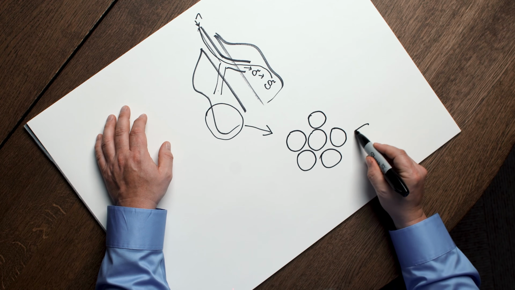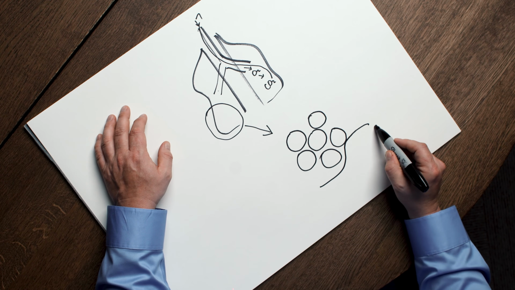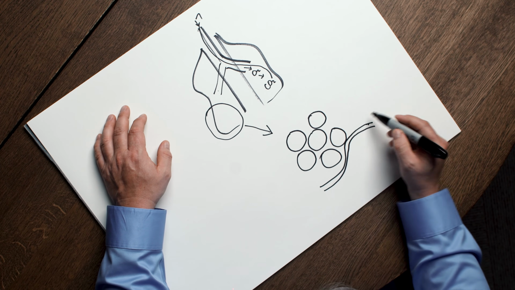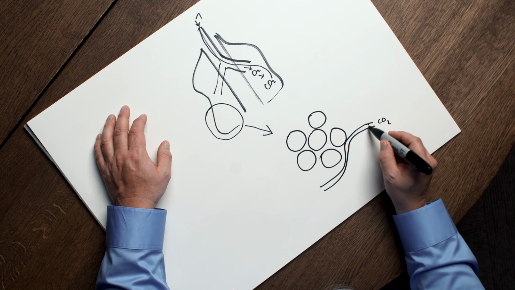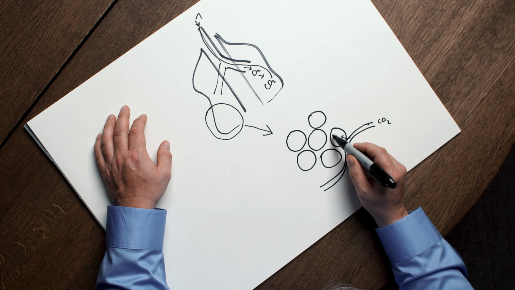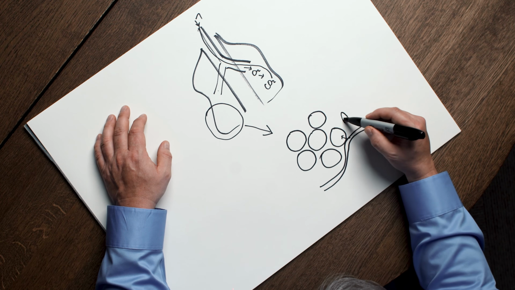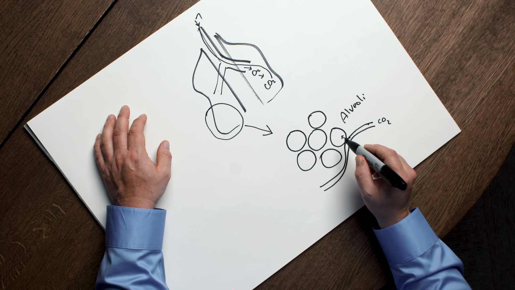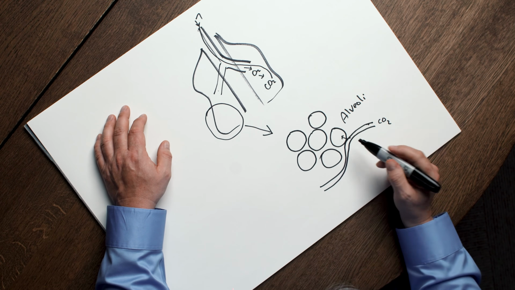You've got blood that's running through here, coming back from your heart to your lungs, and that's taking the CO2. And then the CO2 is going into these little cells, these alveoli, and that's where the gas exchange is happening. That's where the real rubber meets the road, so to speak.